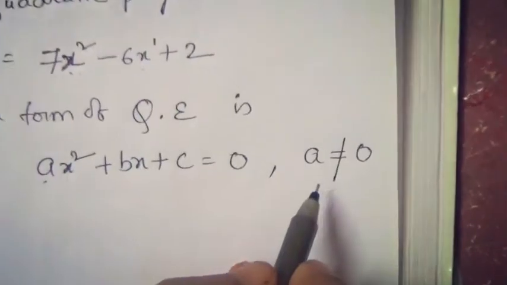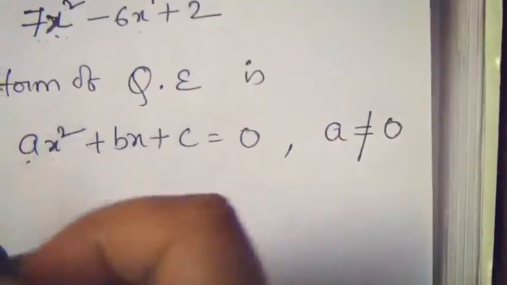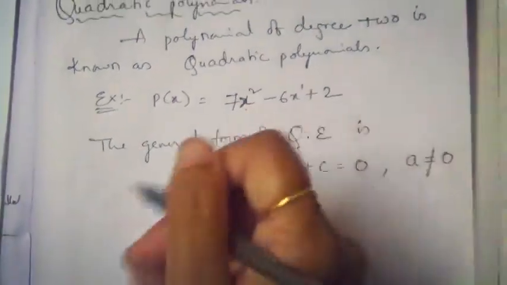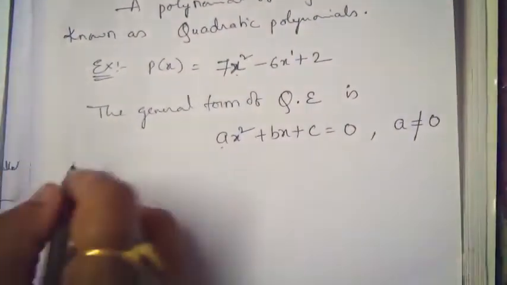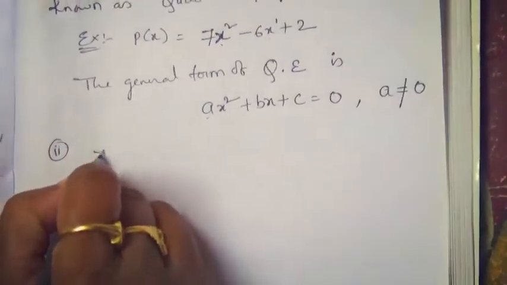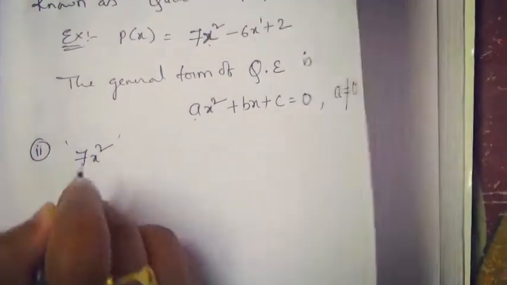In quadratic equations we can express them as monomials, binomials and trinomials. I am giving examples for you. If it is 7x square, is it a quadratic polynomial?